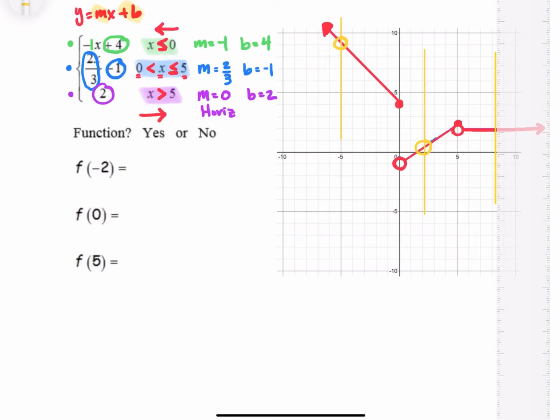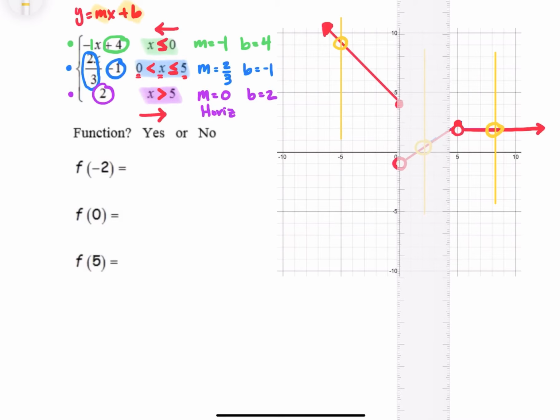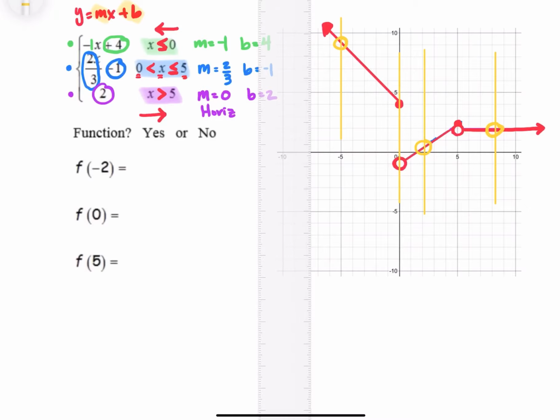Okay, now some might argue and say, wait a second. Well, what about the point when x is equal to 0? Well, it looks like it goes through the graph twice. But remember, because we have a closed circle right over here, this is where it really crosses the graph.